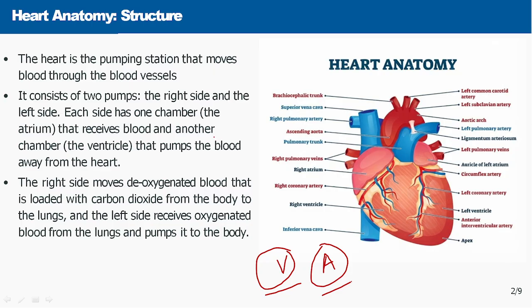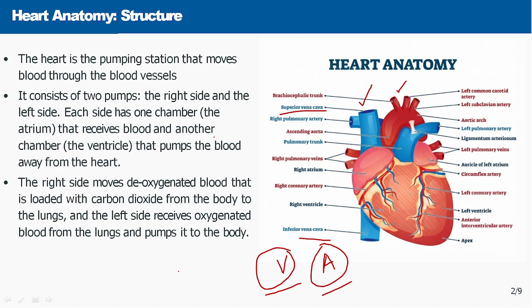But the exception is there. You can mark the red colors in this picture. These red colors are carrying oxygenated blood, and the blue pipes indicate that they are carrying deoxygenated blood. Now, through the inferior vena cava and superior vena cava, meaning veins, deoxygenated blood is brought from all over the body and poured into the right atrium.